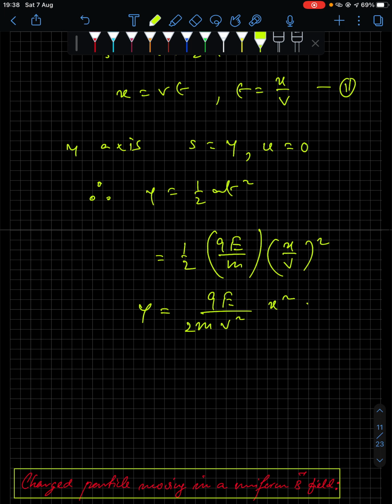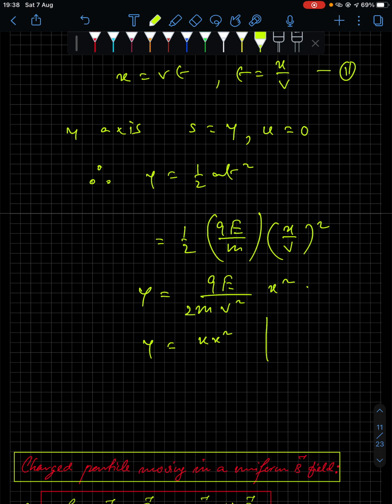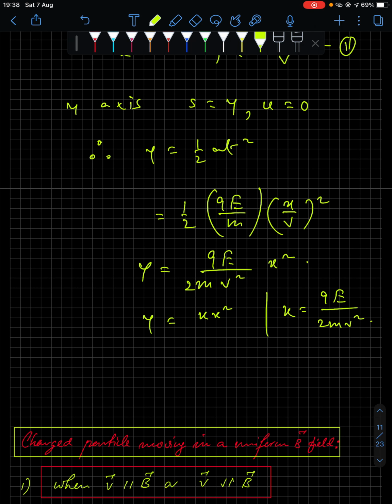Except x, because you are plotting a graph between y and x, the remaining part is a constant, therefore you can write it down as y equals k x square, where the value of k is qE divided by 2 m v square.